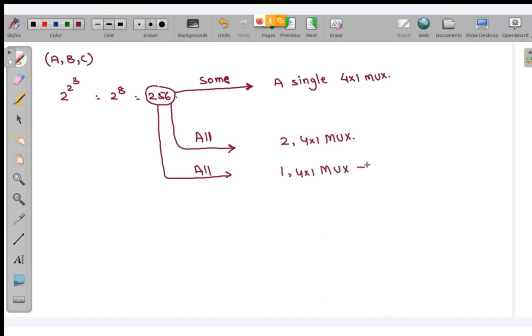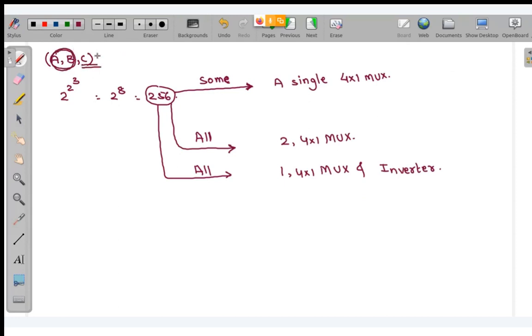Or all the functions can be constructed using one 4 cross 1 mux and an inverter. Why? Because out of these three variables, you saw just now, I can construct any function of AB using a single 4 cross 1 mux.